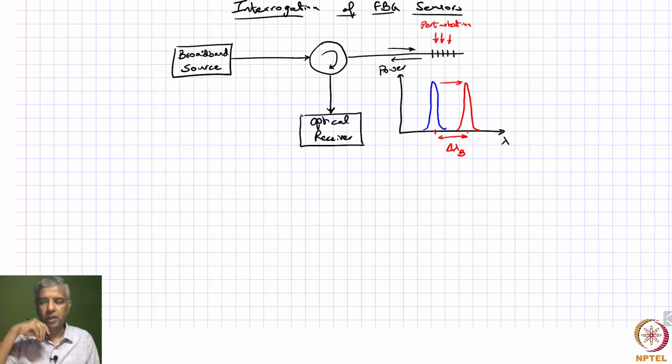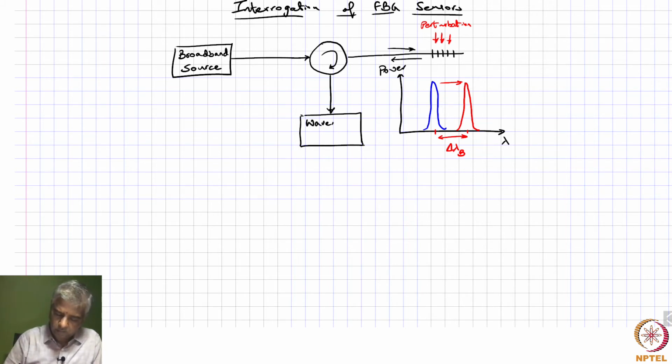And of course, when we replace it with a broadband source, we get a power spectrum like this reflected by the Bragg grating, and that is not something you can capture directly using your optical receiver. So what you need now is a wavelength demodulation unit before you can take it to your optical receiver.